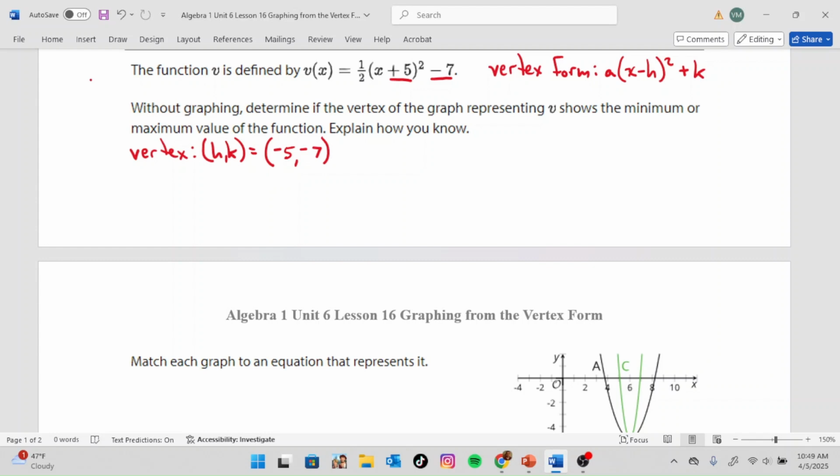But that just tells us where the maximum or the minimum is. It doesn't tell us whether it is a maximum or whether it is a minimum. What tells us that is the A term. The A term in this case is 1/2.